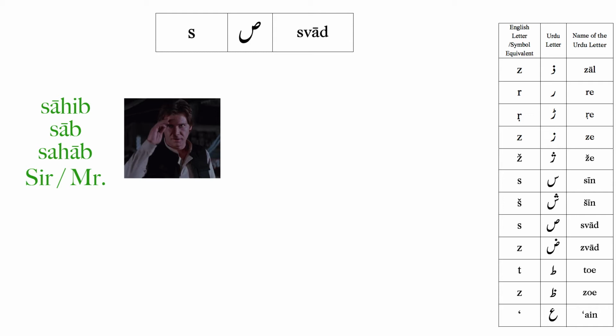For the woman, it's Sahiba. And a variation you might hear is Saiba. If you wanted to address me with respect, you'd say Shireen Sahiba or Shireen Saiba. So the words are Sahib, Sahab, Saab, Sahiba, and Saiba.